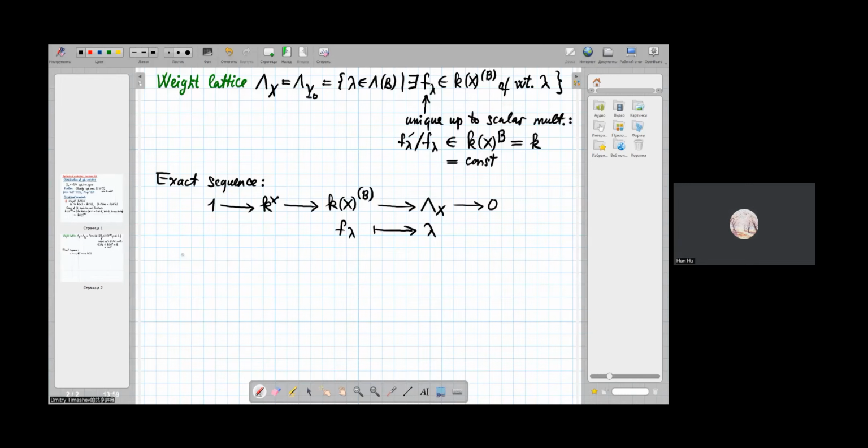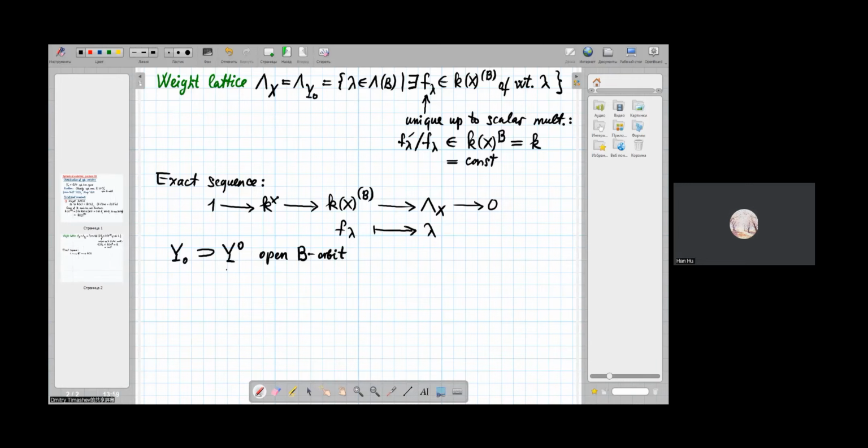Namely, so you have this open orbit, y naught, and inside this y naught, you may choose y upper naught, the open Borel orbit, open B orbit, because a spherical homogeneous space contains the open B orbit.